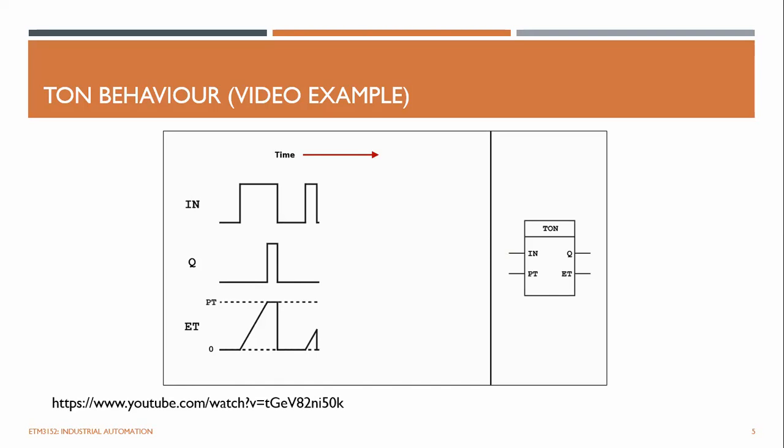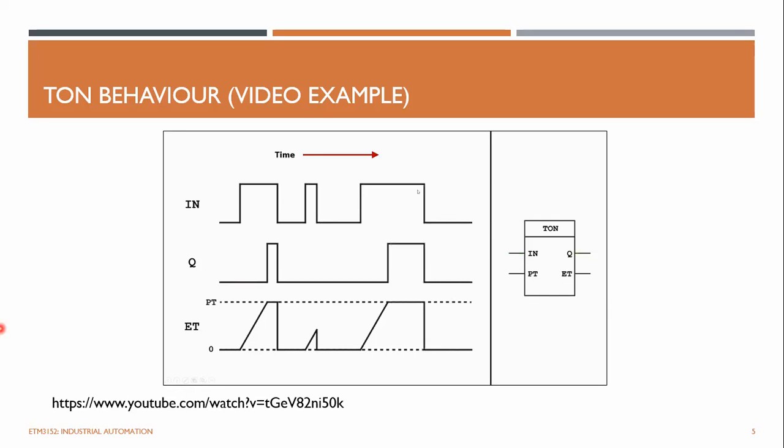So you can see here, the output will never be set. Again, when we turn on the input, the elapsed time will start counting from 0 again towards the PT. And then when it reaches the PT or the delay, the output will be set again until it is reset only by deactivating the input.